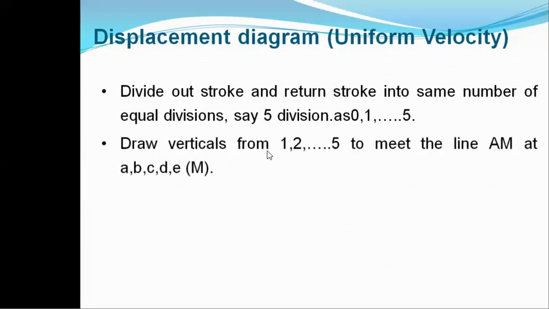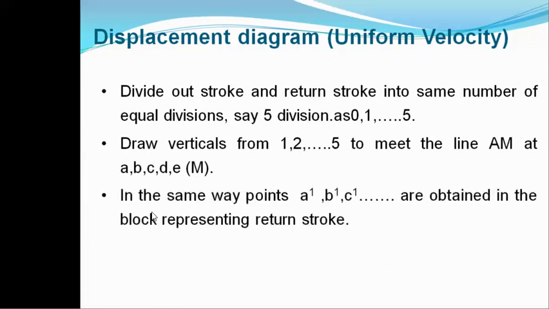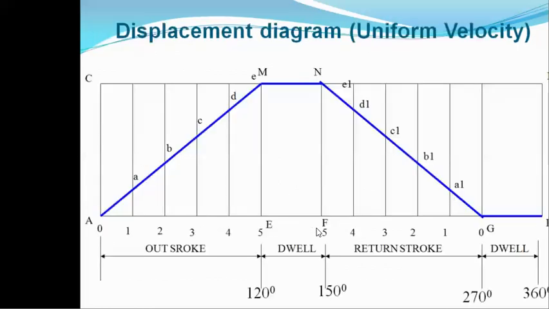And draw vertical lines from each division, say 1, 2, 3, 4, 5, and 6, to meet the line AM at A, B, C, D, E, F also. In the same way, the points A dash, B dash, C dash, etc. to obtain the block representing return stroke.